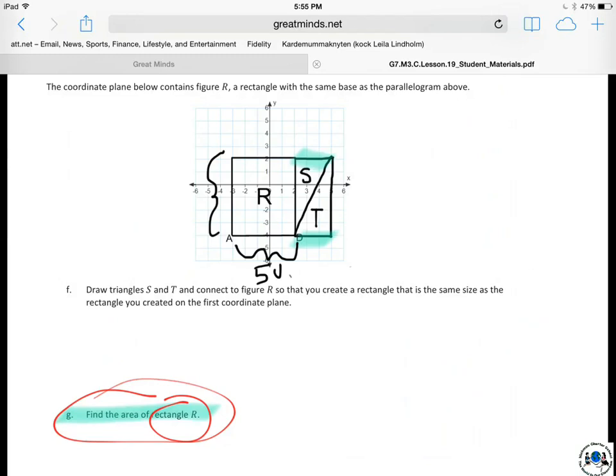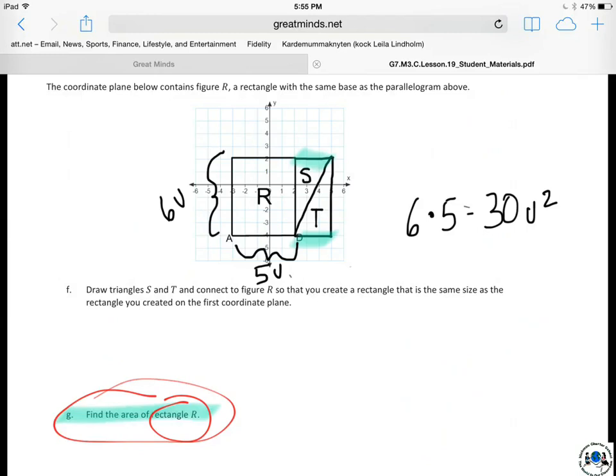Okay, 5 units, and our height, of course, was 6, as we can see if we look at the vertices at A and above A. It is 6 units, and then if we do 6 times 5, we get an area of 30 square units, which should look familiar because that was the same area the parallelogram from the last problem had.